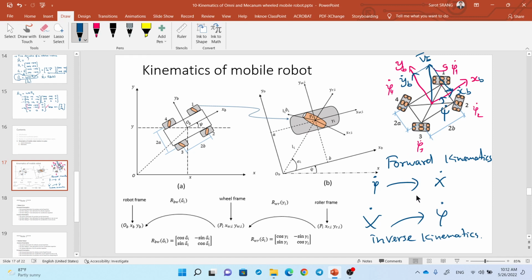So in this way, we say h dot equals a function of phi dot, forward kinematics, right? This one is inverse, which means phi dot equals f inverse of h dot.